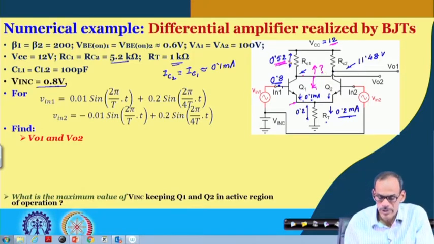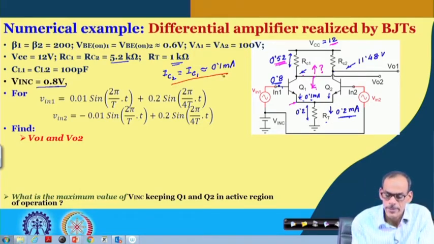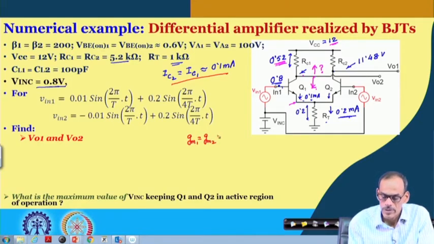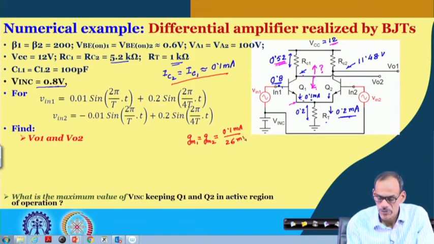The second problem is with this value of IC: GM1 and GM2 are now 0.1 milliampere divided by 26 millivolt. So, that is equal to 1 by 260 mho.